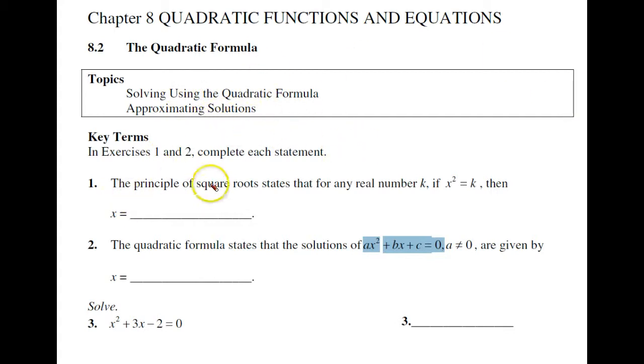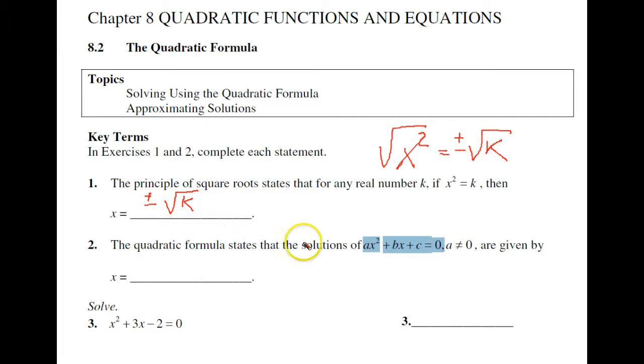As we look at this first one, the principle of square roots is if we have x squared equals k, we take the square root of this side and then plus or minus the square root of that side. So x is plus or minus the square root of k.